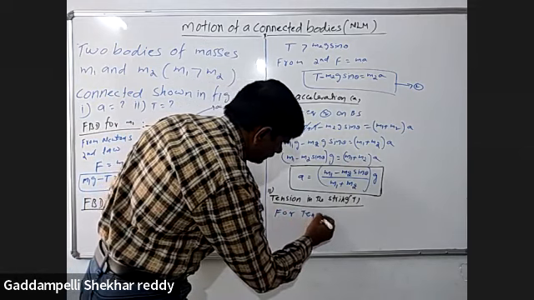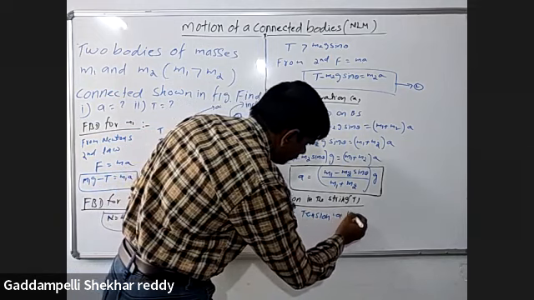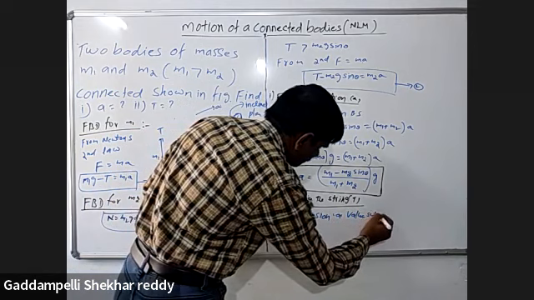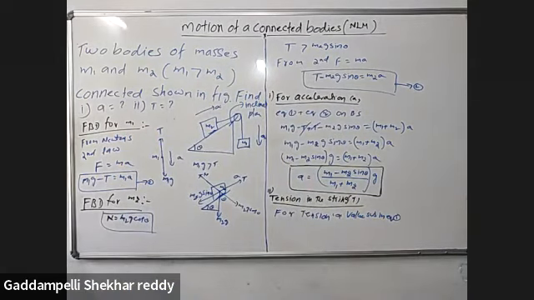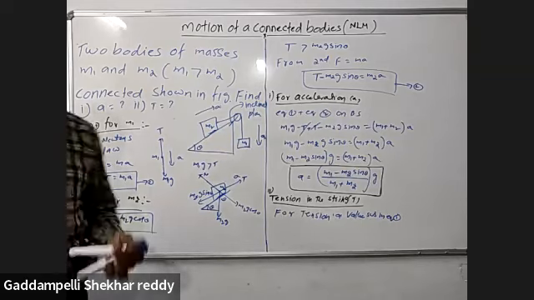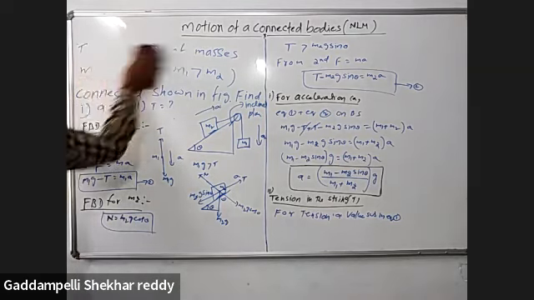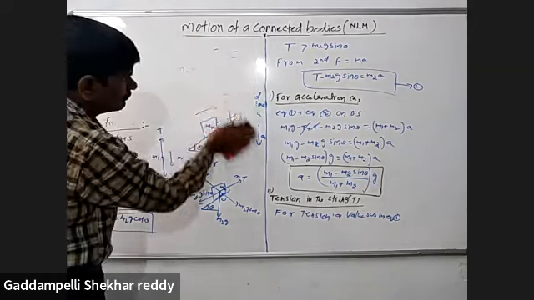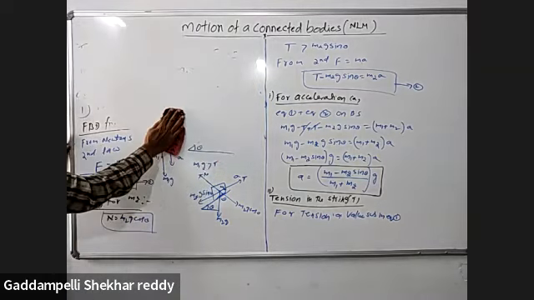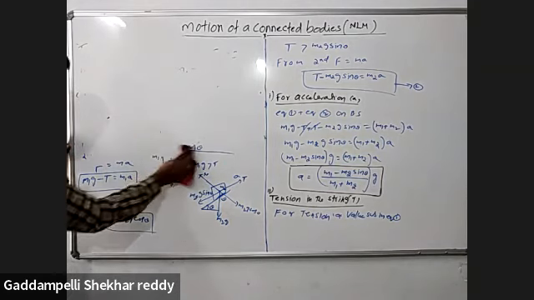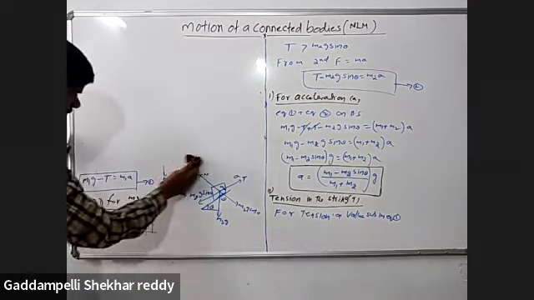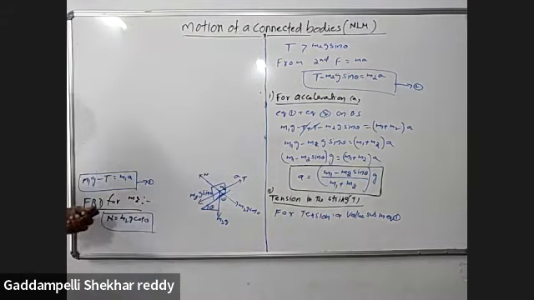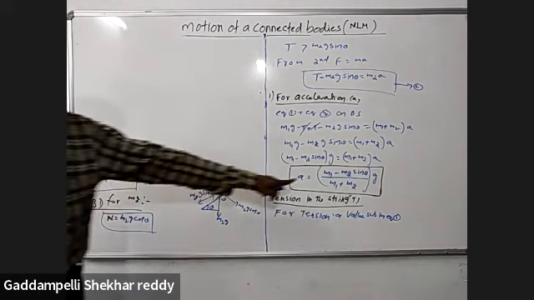Equation 1 is M1G minus T equals M1A, and here we have the value of A.